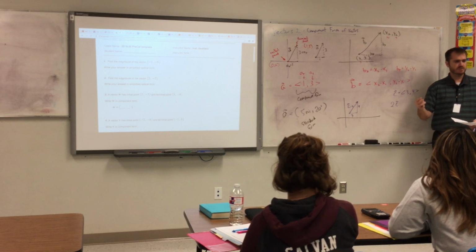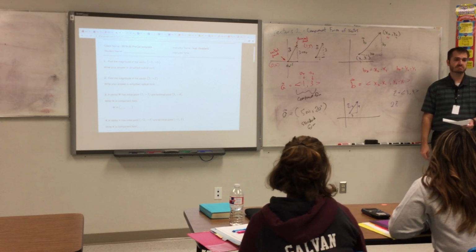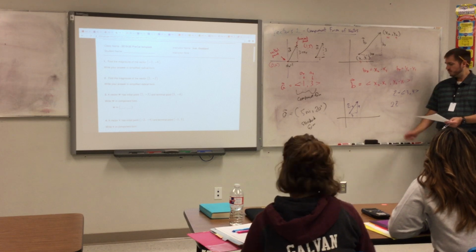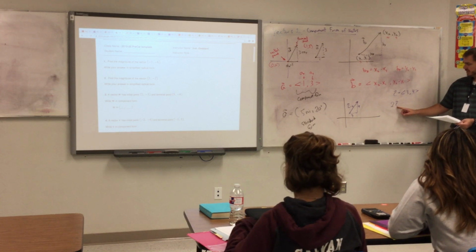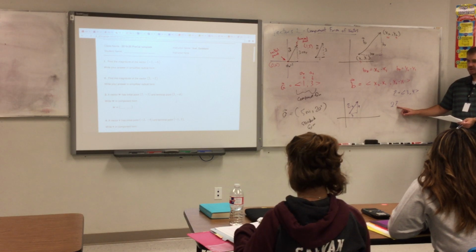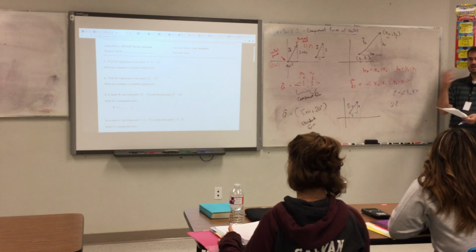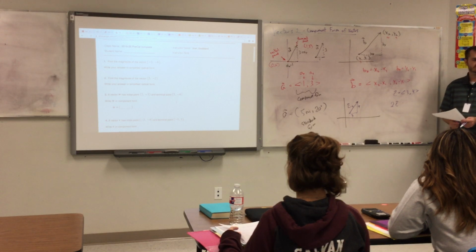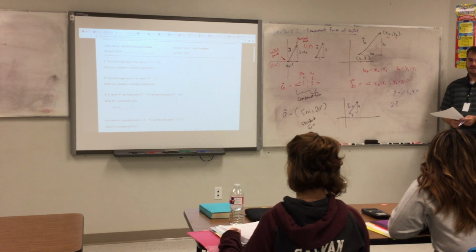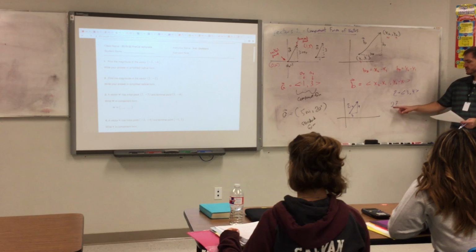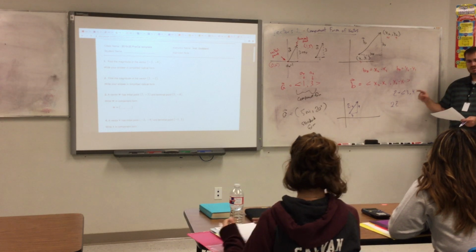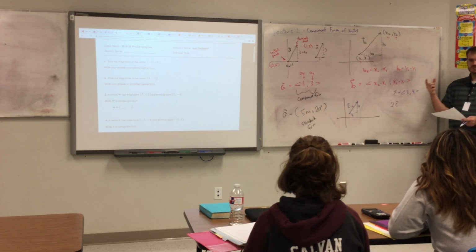The magnitude, the direction, or both? When you take a number and you multiply it by a vector, what changes about the vector? Does the magnitude change? Does the angle change? Or do both change? Magnitude. The magnitude changes. So 2c would be in the same direction, but double the magnitude.